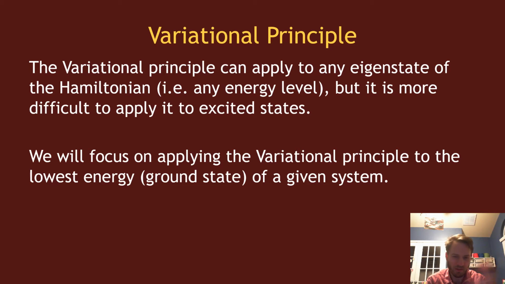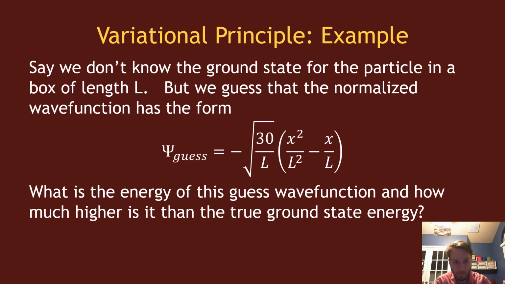And there are issues with converging to higher energy states when you try to optimize your guess. But we won't really focus on that. Here, we'll just assume we're applying the variational principle to calculate the lowest energy state, the ground state, for a given molecule.